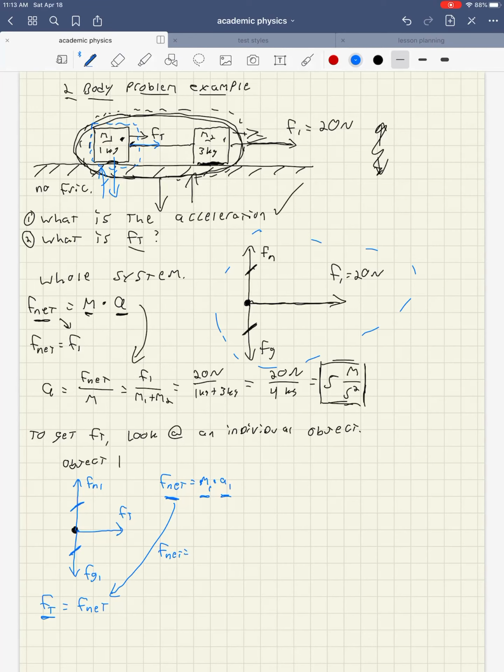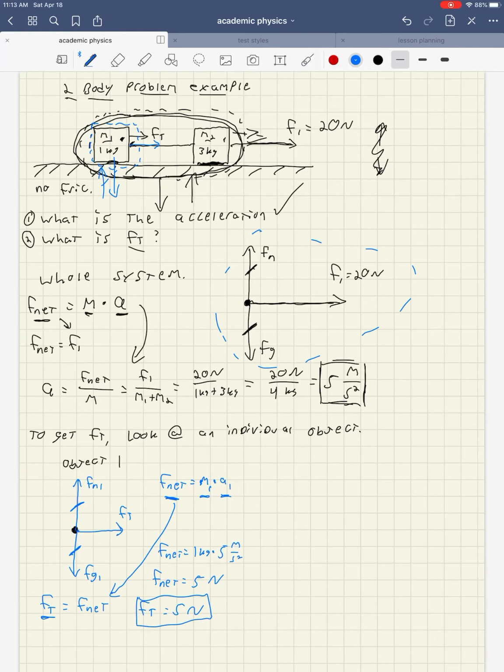F net is mass of object 1, that's 1 kilogram, times the acceleration. Well, I know the acceleration of the whole system, which is the acceleration of each one individually. So that's 5 meters per second squared. What's 5 times 1? Well, that's just going to be 5 newtons. So my force of tension then is going to be 5 newtons.